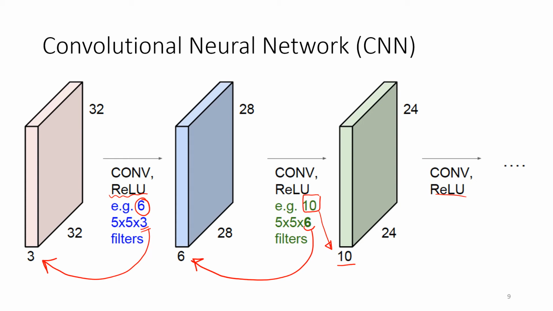This is how we designed our architecture. The important thing is that the depth of each of those filters should be equal to the depth of the input activation maps. And we can stack as many of these convolutional layers followed by activations together to form a convolutional neural network. And again, this 24 comes from 28 minus 5 plus 1.